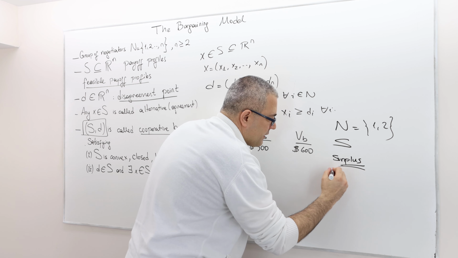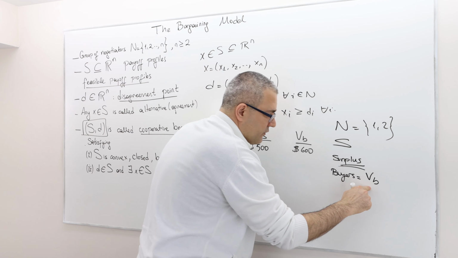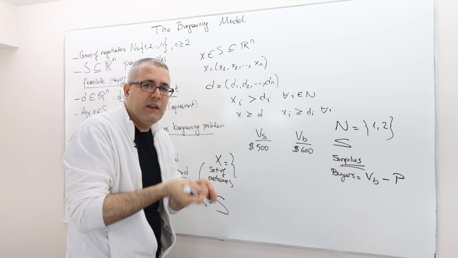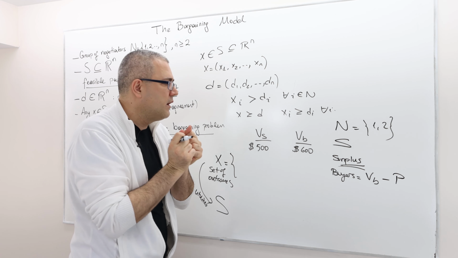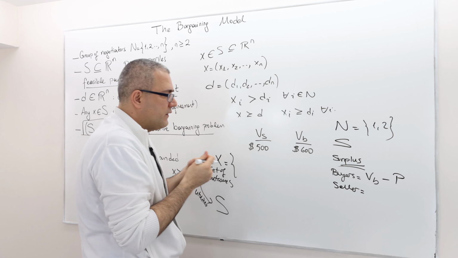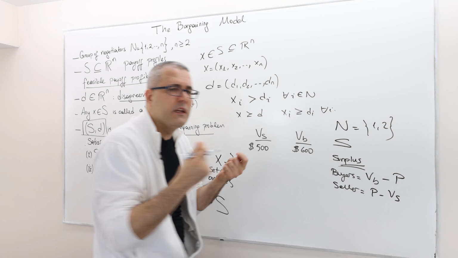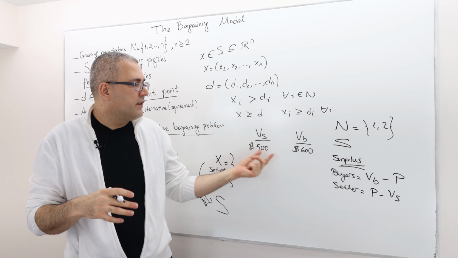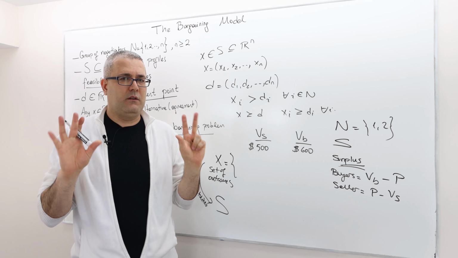The buyer's surplus is his maximum willingness to pay minus the price he pays. So the difference between these two is his surplus. All right? And what about the seller? The seller's surplus is the price he receives minus the maximum willingness to sell. All right? So that means if they agree on a price, for example, 500, okay?